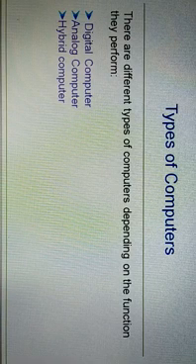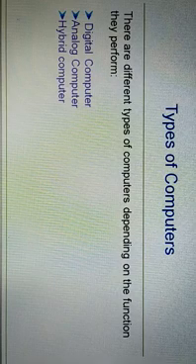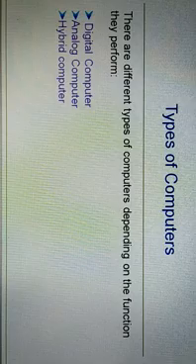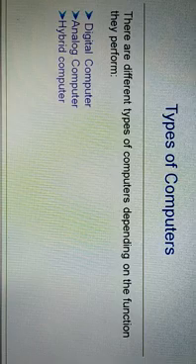The instructions to perform this task are permanently stored in the computer. For example, a cash register, STD billing machine, or artificially intelligent computers are some special purpose computers.